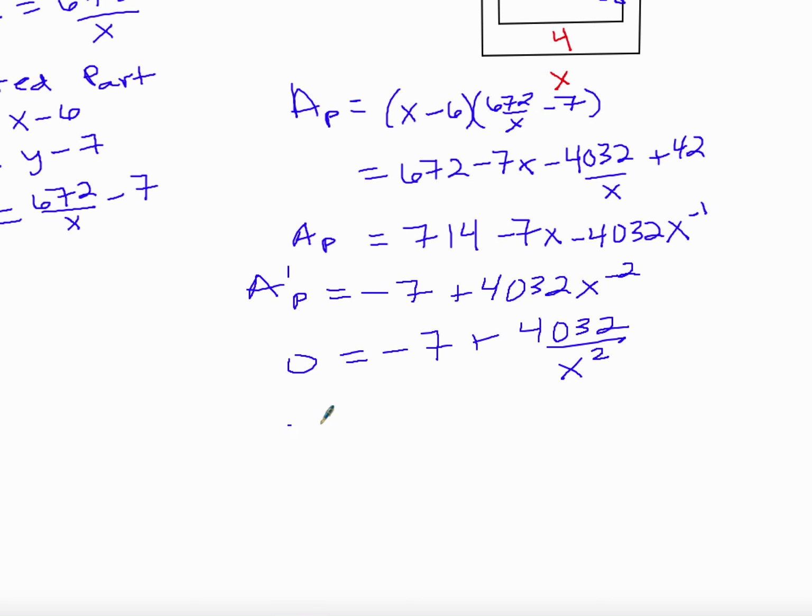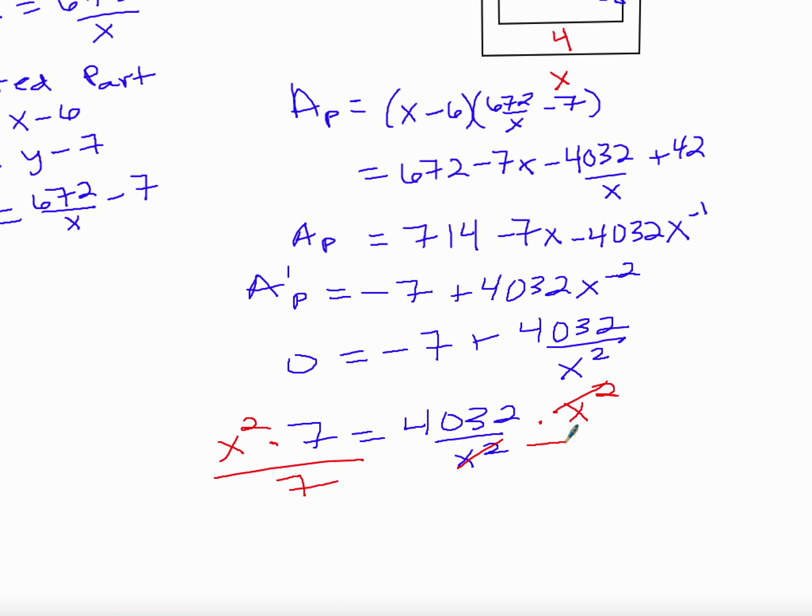I'm going to add 7 to the other side, and multiply both sides by X squared to get that out of the denominator. Of course, now X squared is not alone. It's getting multiplied by 7, so I'm going to divide both sides by 7.